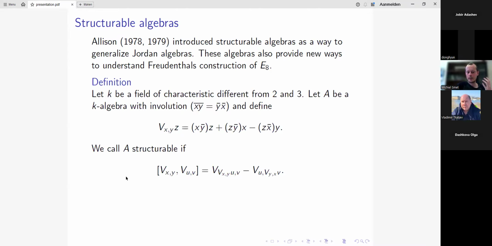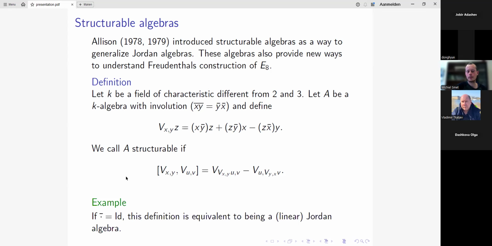So you have an algebra with involution. Involution means that the order of multiplication gets reversed. And you can define the V operator, and this is a generalization of the V operator for a Jordan algebra. And we call the algebra structurable if a certain identity holds.